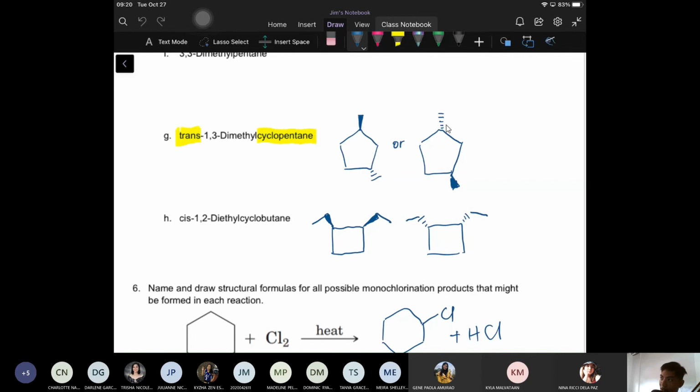If that is a dashed bond, no, it is pointing away from you. If it happens na parehas silang pointing towards you or parehas silang pointing away from you, then you have your cis isomer. If magka-opposite yung direction nila, one is pointing towards you, the other is pointing away from you, then you have your trans isomer.